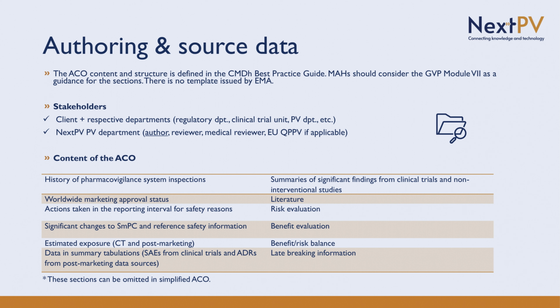Essential sections of the ACO include histories of pharmacovigilance inspections, summaries of significant clinical and non-interventional study findings, marketing approval statuses, literature reviews, risk and benefit evaluations, significant changes to safety information, and overall benefit-risk balance. Simplified ACOs may omit some sections.